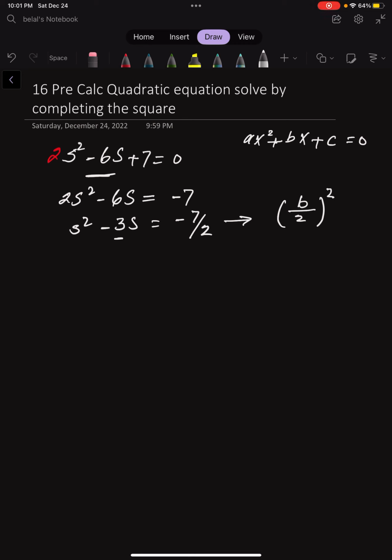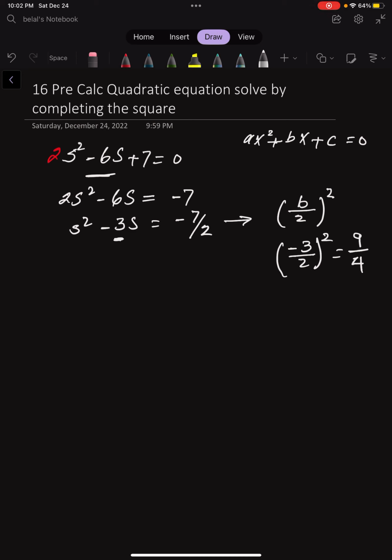So the b here is minus 3. So it will be minus 3 over 2 all squared. Minus 3 squared is 9, and 2 squared is 4. So it will be 9 over 4.